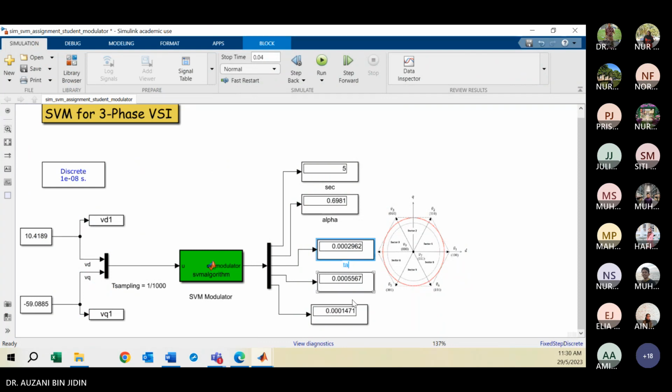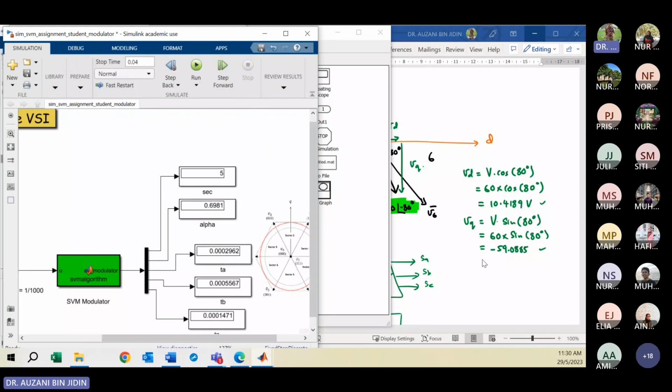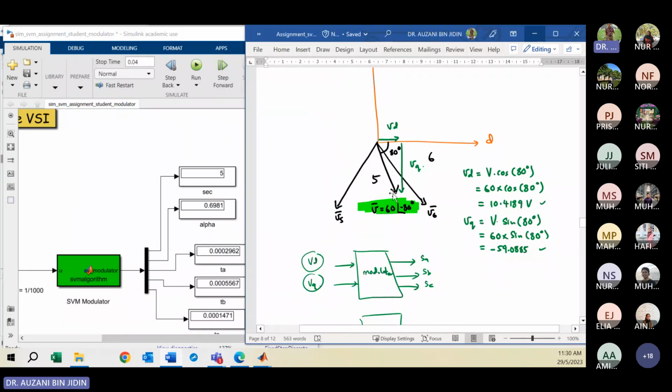TA, TB, TZ. Then you can compare the simulation result with the calculation. Sector is 5, correct?